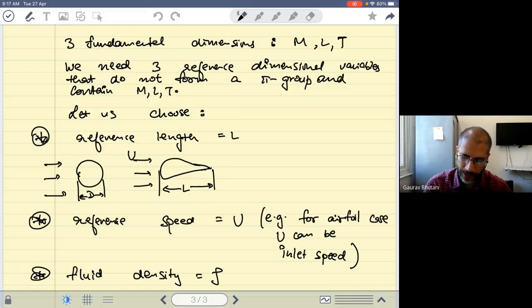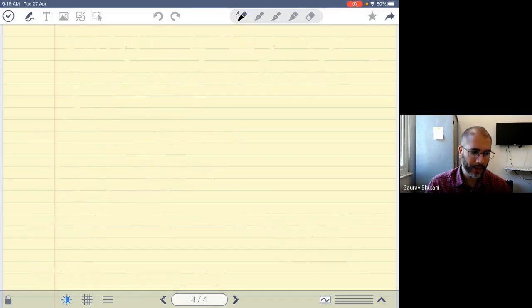So these three can help create three reference dimensional variables. The idea here is that we have to non-dimensionalize the whole equation. That is, in the continuity and momentum equations, we have to non-dimensionalize all the terms. Ultimately, we should not have any dimension in any term in the equation. For that, we have to define non-dimensional terms or variables.